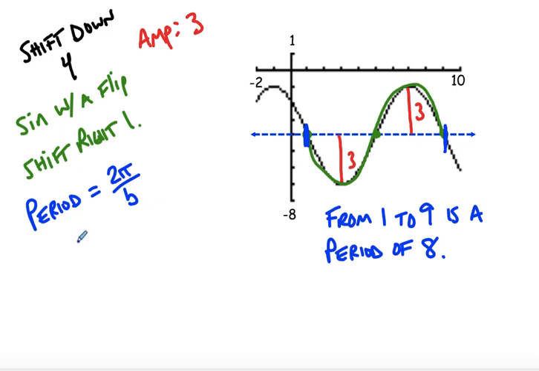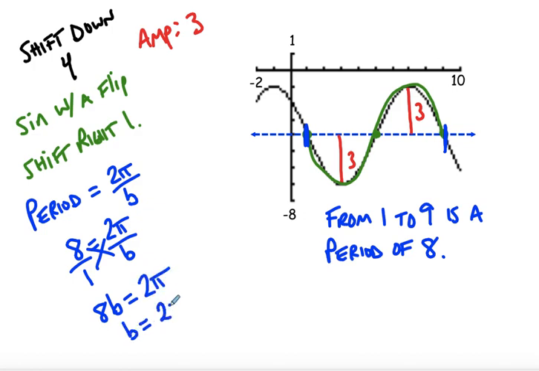So right now I know that the period is 8, so let's solve for the b value. So you could cross multiply. 8 times b would equal 2 pi. If I want b alone, I'm going to have to divide by 8 and reduce that down. It looks like b is pi over 4.